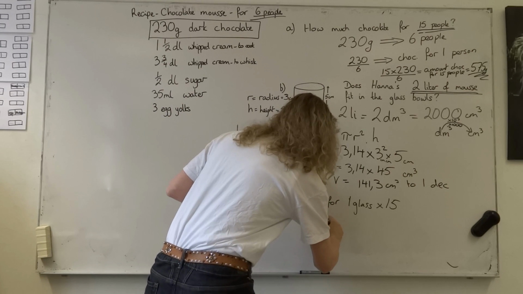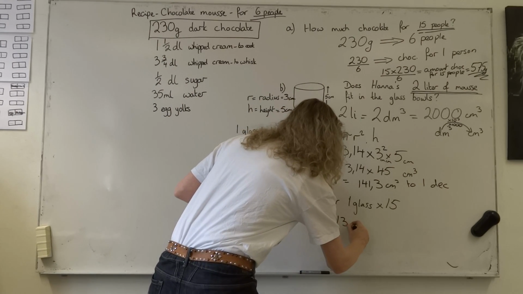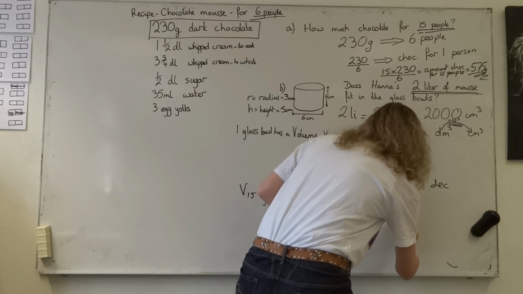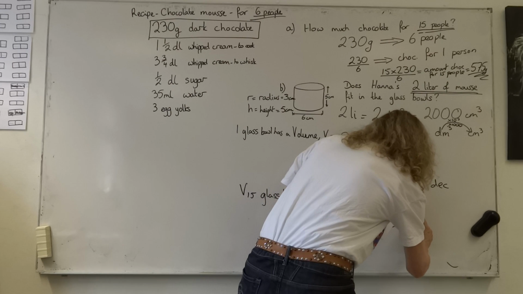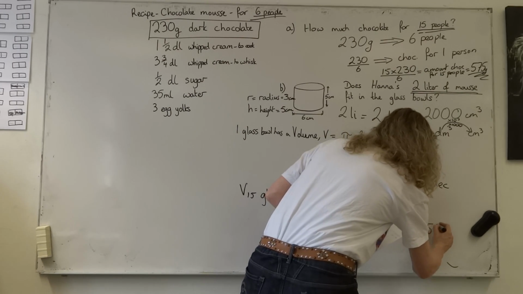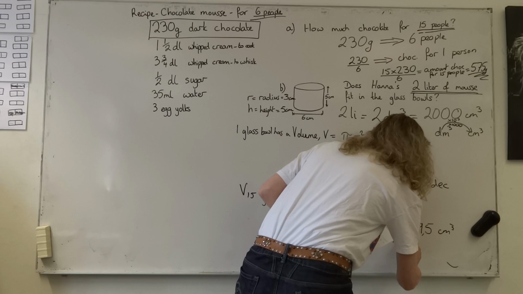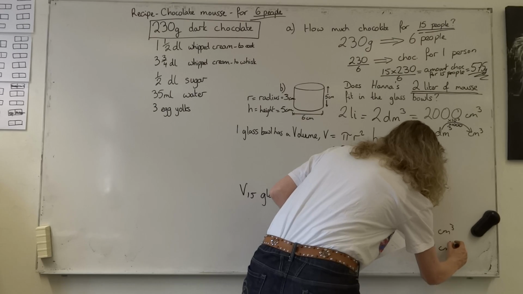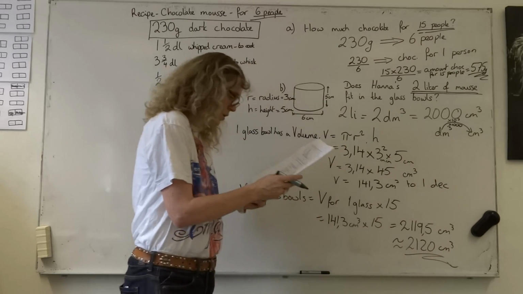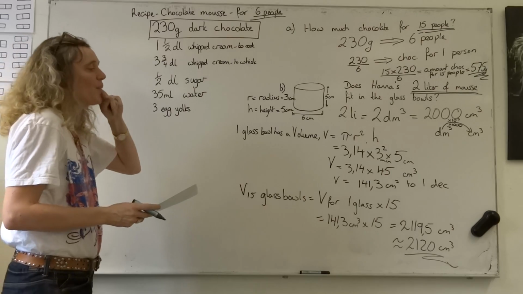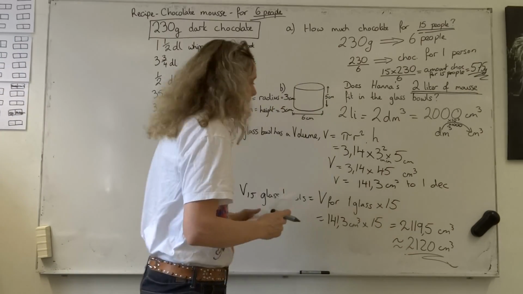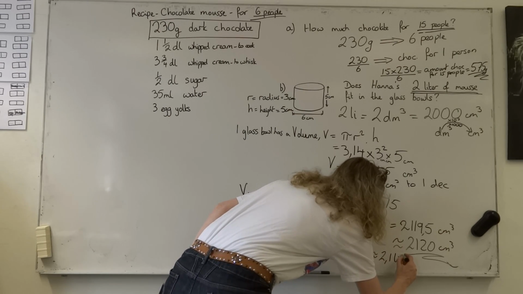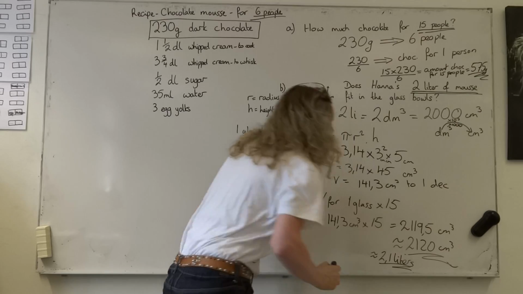So we get 141.3 centimetres cubed times the number of glasses, 15, giving us 2,119.5 centimetres cubed, which would round off to 2,120 centimetres cubed. Okay, what's that in litres then? Well, that is 2.1 litres. Divide by 1,000 and we get 2.1 litres.